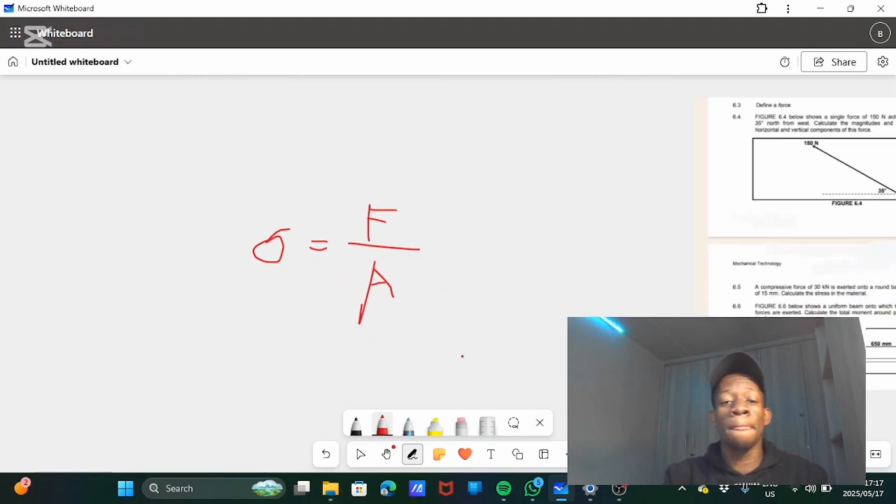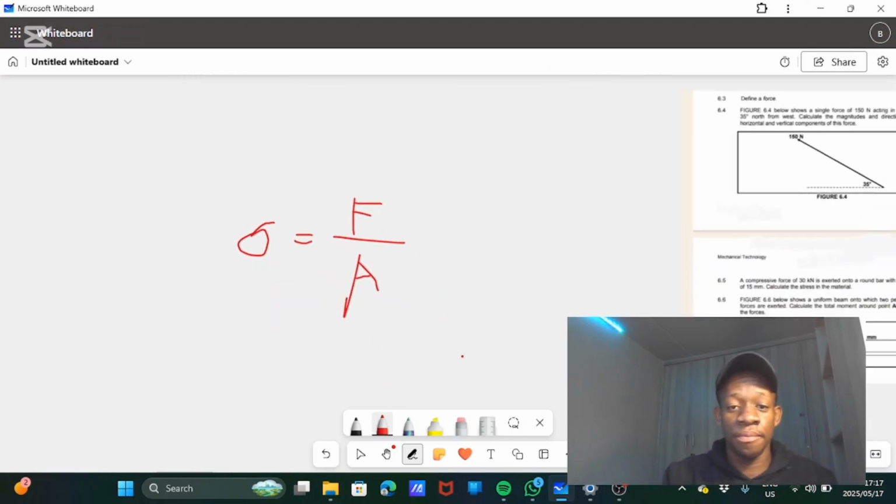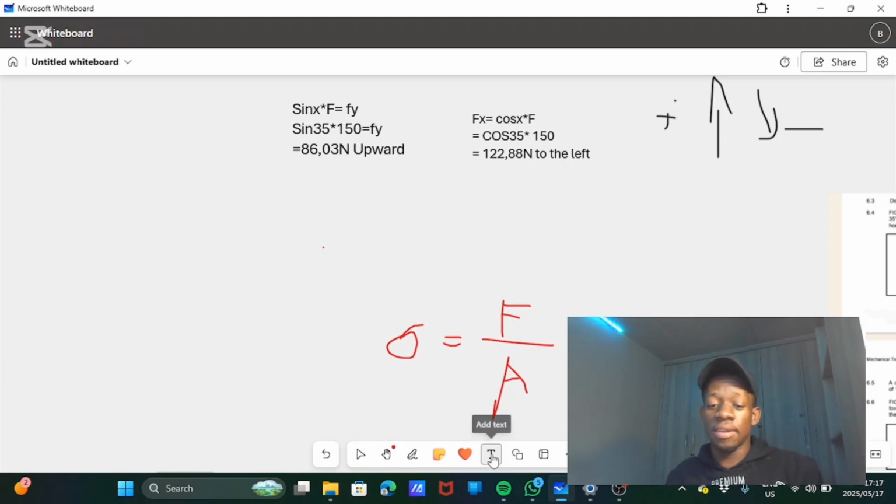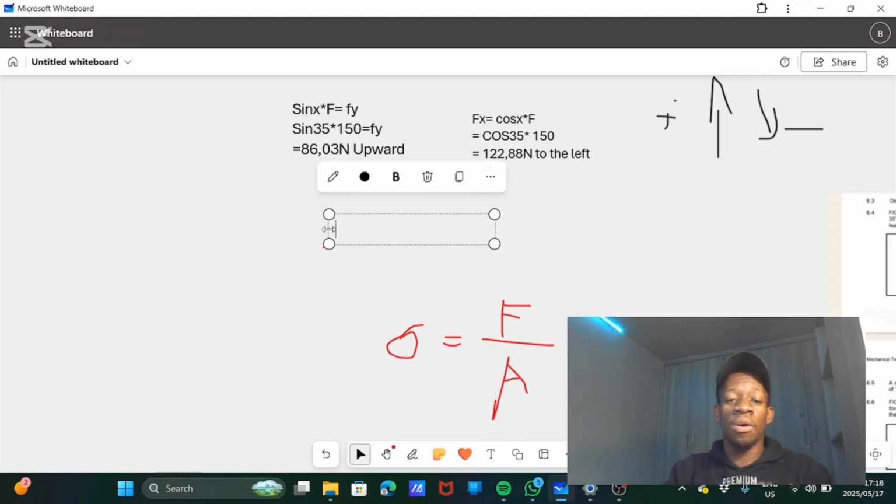So let's calculate some. When you calculate, you need a force and an area. So firstly, let's define what stress is, so everybody can be clear before moving on.